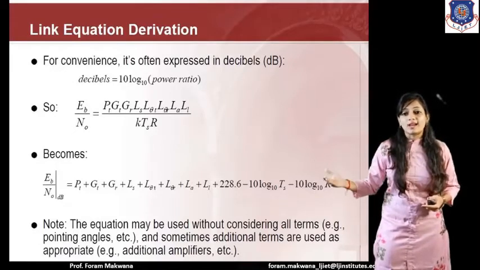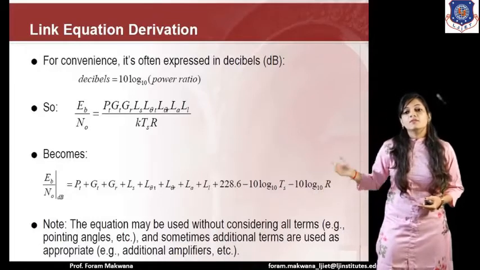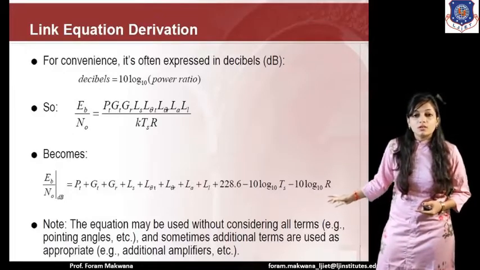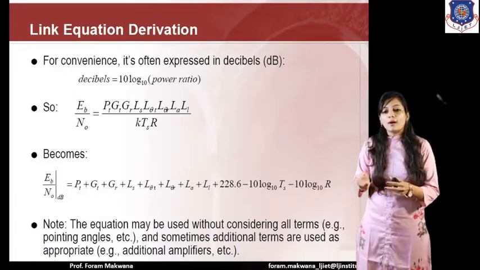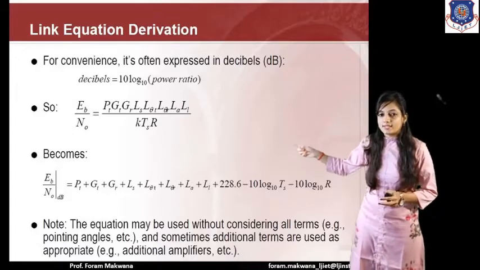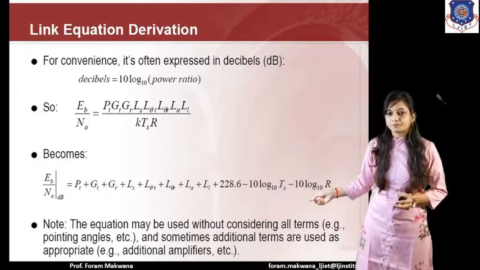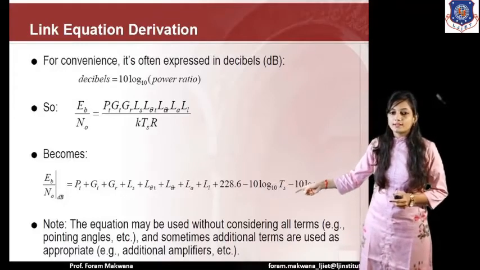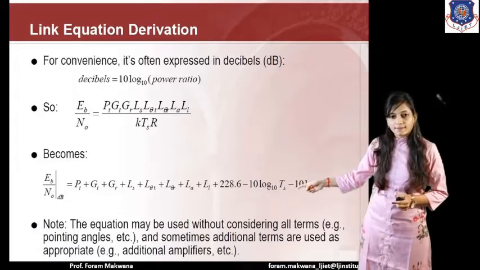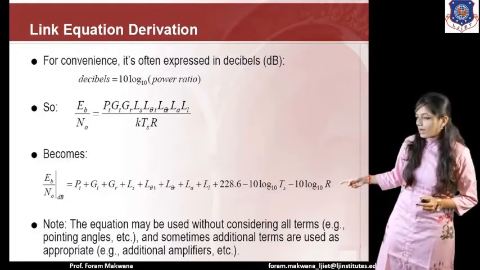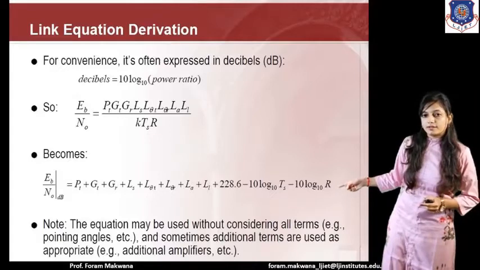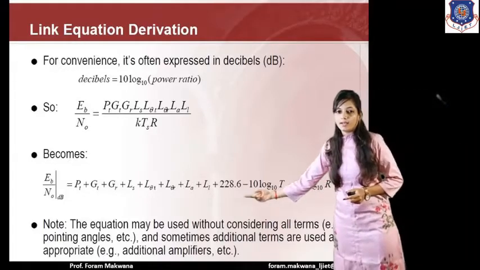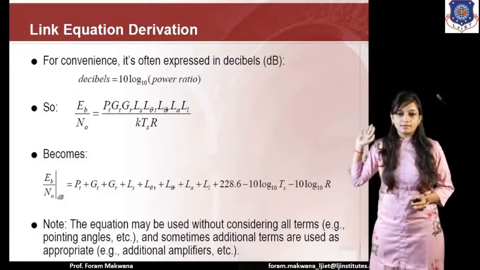If we convert that quantity to decibel, we will get minus 228.6 dB per hertz. That's why, as K is in the denominator, minus minus becomes plus, so over here a plus sign is there. Then minus 10 log base 10 Ts and minus 10 log base 10 R, right? This quantity is in dB, and the whole quantities are in dB. Okay.